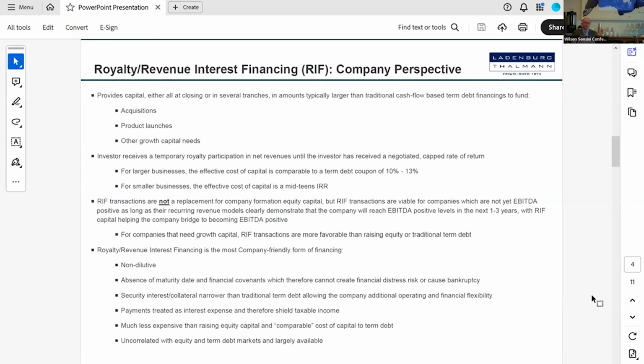Companies don't have to be EBITDA positive today. However, their recurring revenue model needs to clearly demonstrate that the company will be able to get to EBITDA positive over the next 1, 2, or 3 years, with the RIF capital effectively being a bridge to help the company fund its operations.